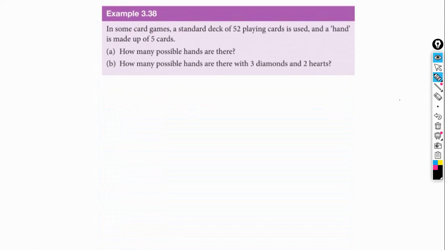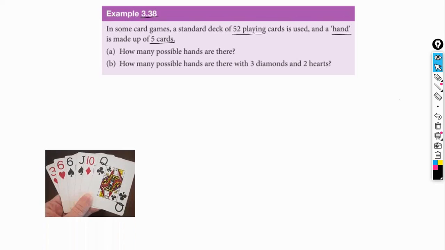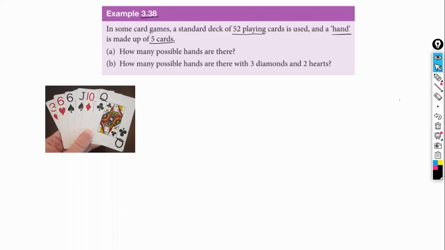Now we are in example 3.38, and it says, in some card games, a standard deck of 52 playing cards is used, and a hand is made up of 5 cards. How many possible hands are there? So notice that when we get a hand of cards, it doesn't really matter in which order we get them, correct? That means that this is a case of a combination.